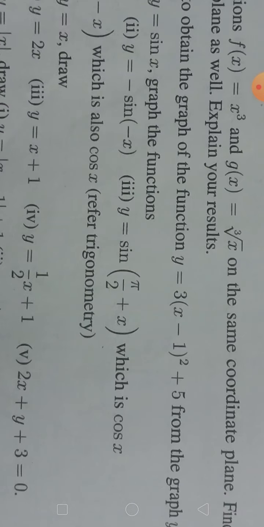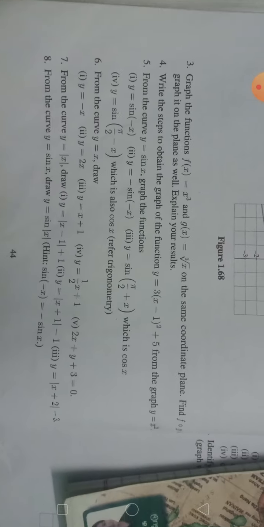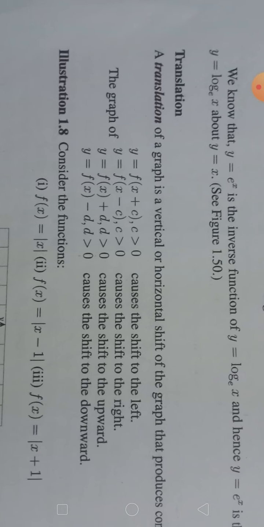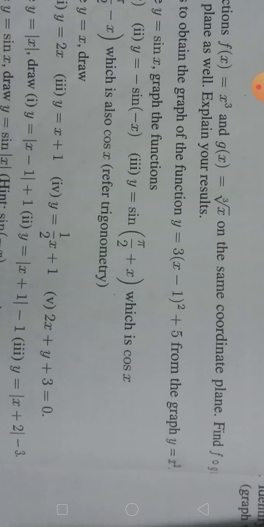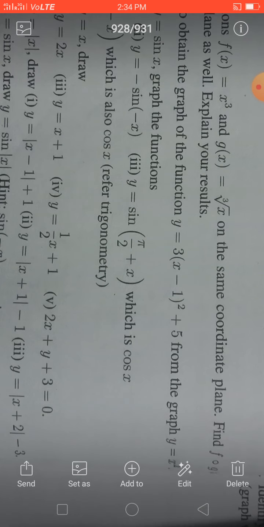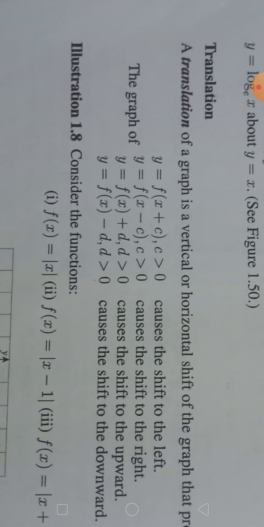And again look at y is equal to 3 of x minus 1 whole square plus 5. There is another form also. Suppose I consider 3 of x minus 1 whole square as f of x, plus that 5 is d.